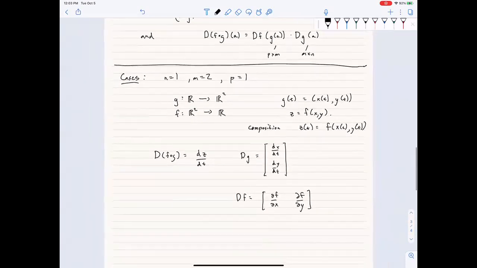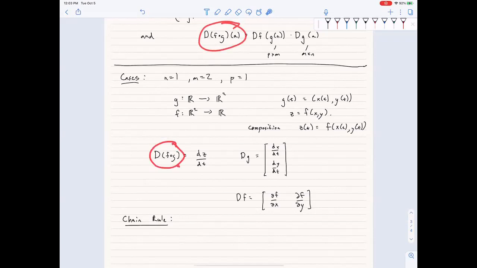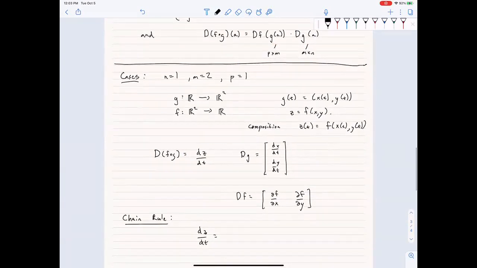So what is our generalized chain rule? Now that we have all of the ingredients on the board, it says that this, evaluated at a point, and we can evaluate at any point in time here, equals the matrix product of these two. So dz dt is equal to df, which is this guy.